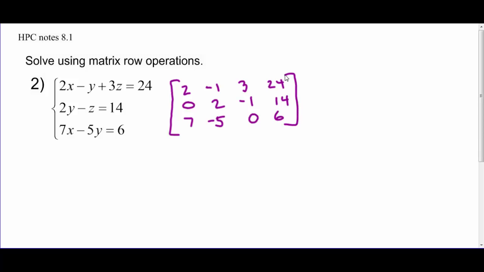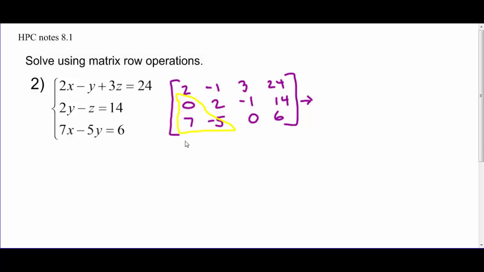Now, the key for us here is we have this little triangle in the bottom left-hand corner. We already have 1, 0, but the other two numbers are a 7 and a negative 5. And I need those 3 numbers to all be zeros. Folks, if you'll learn this pattern, you'll be able to solve these quickly and accurately every single time.